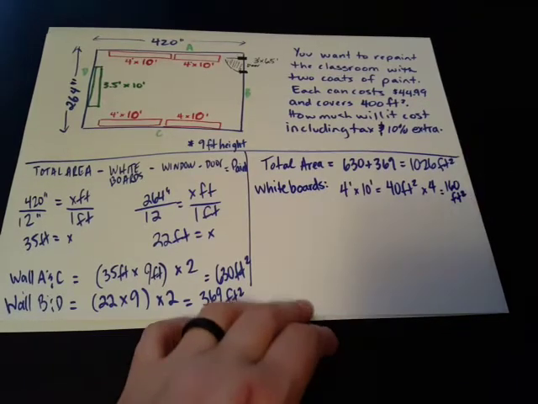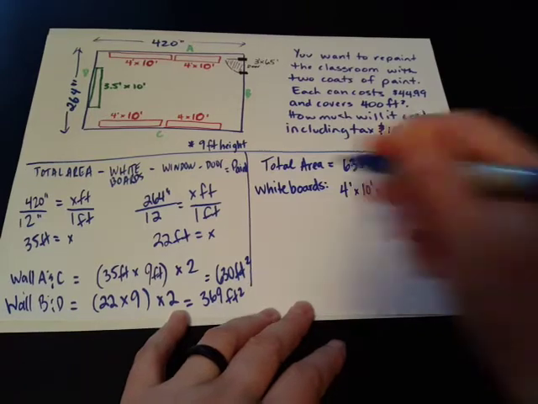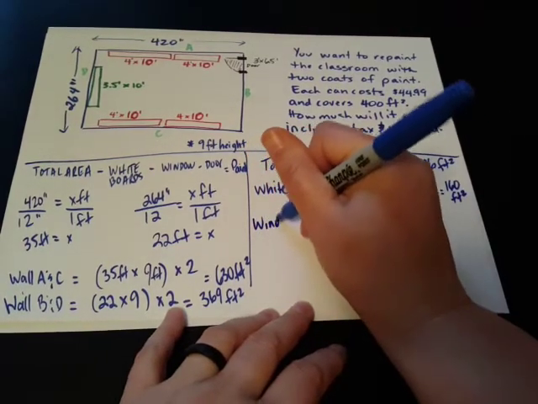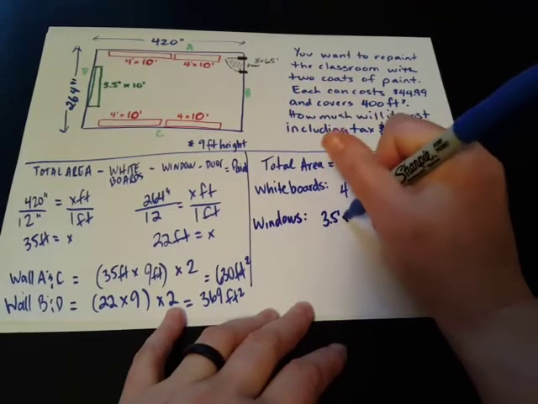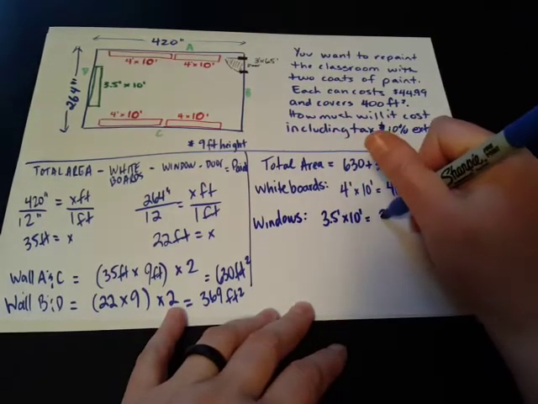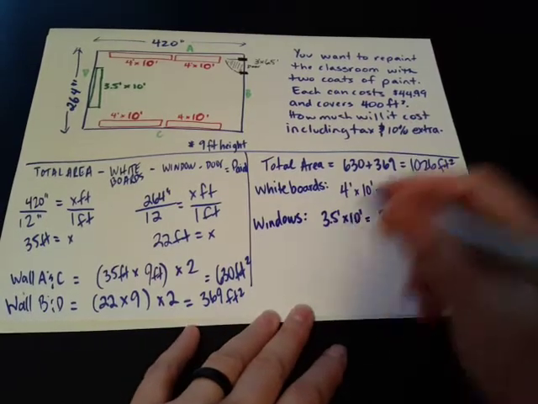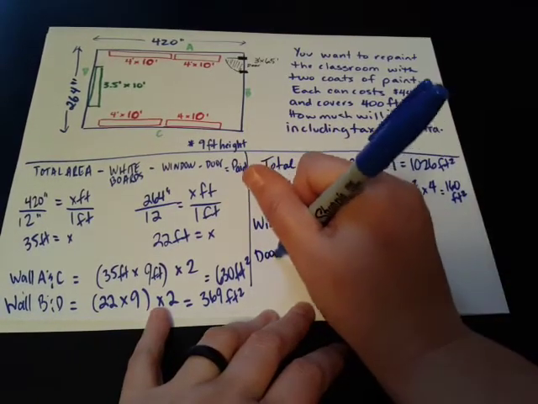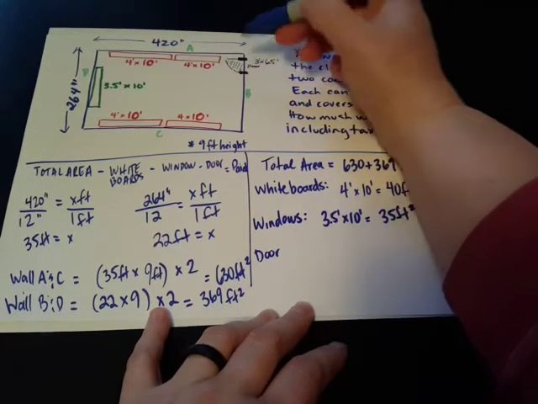So there's 160 square feet of space that we don't have to paint because they're filled with whiteboards. Windows, we've got 3.5 feet by 10 feet. So that's 35 square feet. And then the door itself is a 3-foot wide door by 6.5 feet tall.